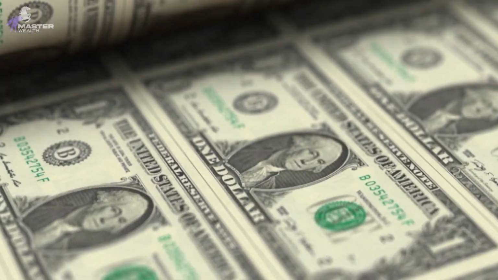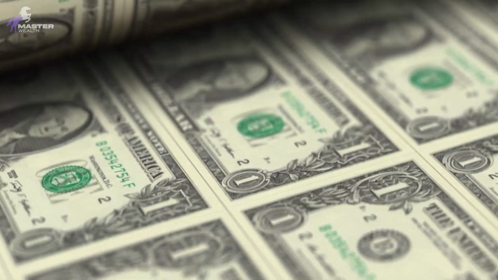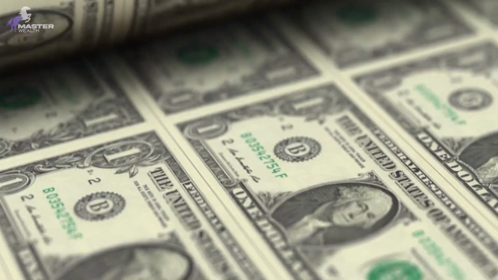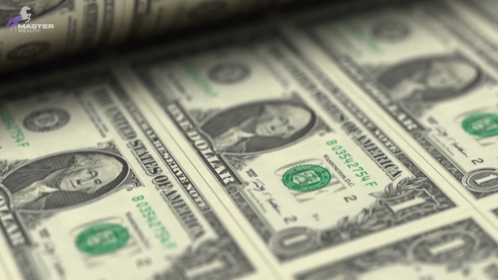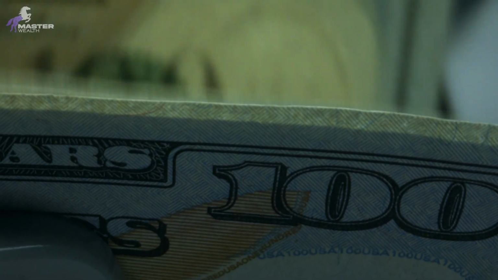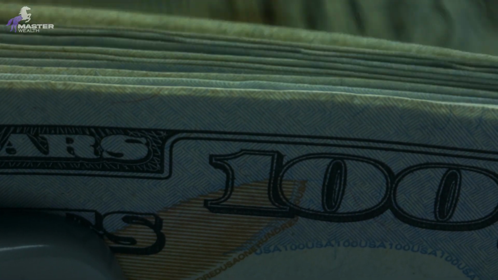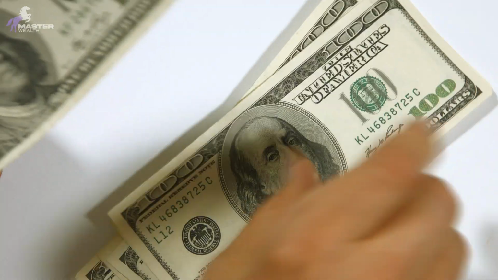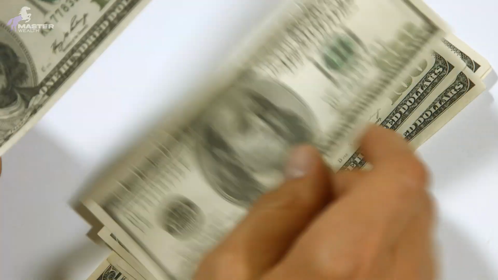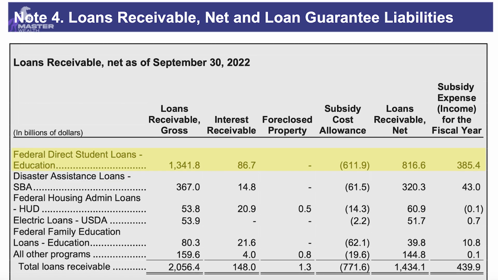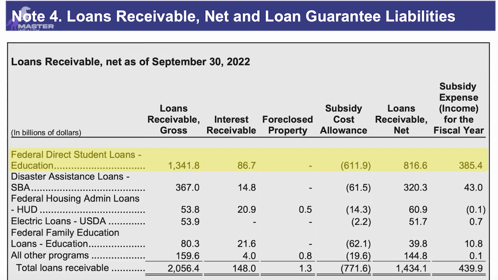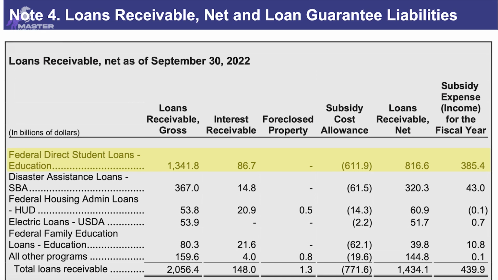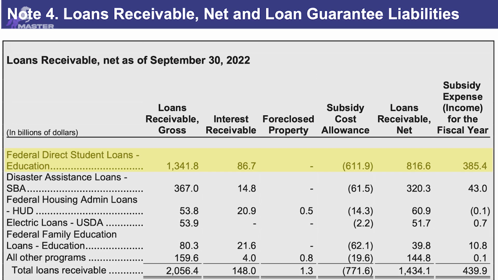From an accounting perspective, these loans are classified as assets on the government's balance sheet. This is because they are financial instruments that are expected to generate future income as students repay the borrowed funds with interest. The more outstanding federal student loans there are, the larger this asset appears on the government's balance sheet.